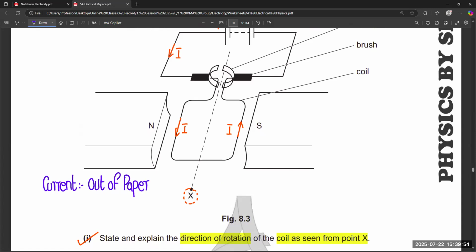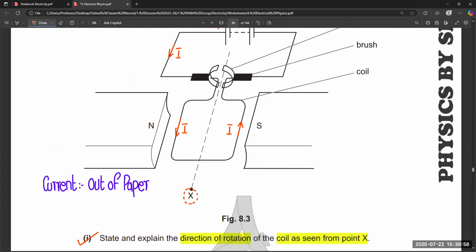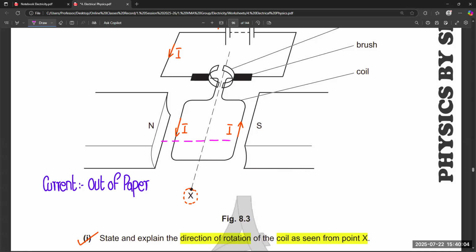Current is out of the paper, and the magnetic field is from north to south, from left to right. So the force will be again on the y-axis, either upward or downward.